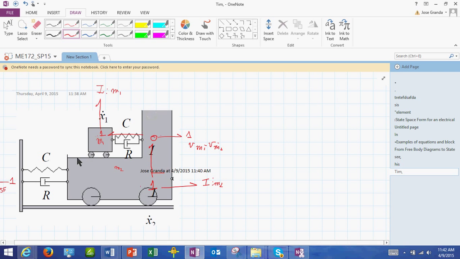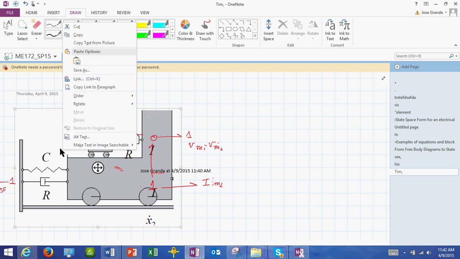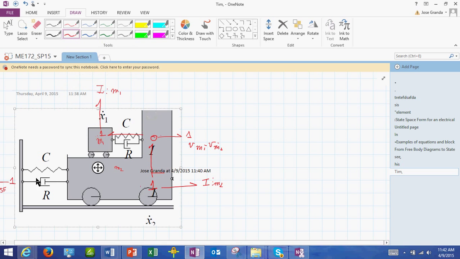Okay, and then this other one over here, you have the 0 here, and in here you will have a one junction.